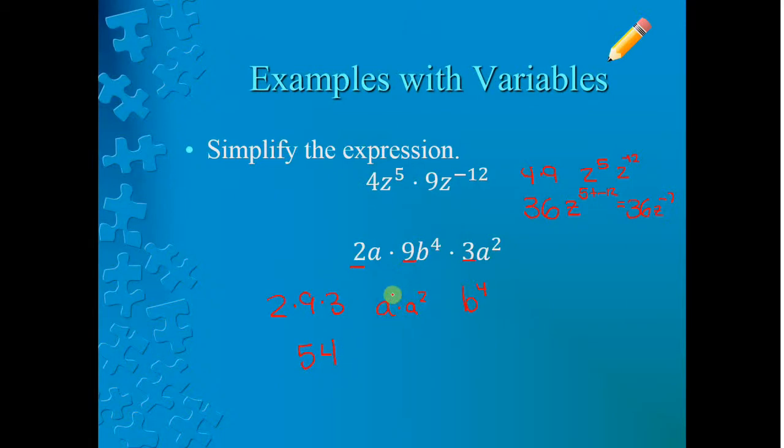This is technically a 1 right here, a to the 1st. Just didn't have it there. So I have a to the 1 plus 2. b to the 4th, he doesn't have anybody to be with. 54. 1 plus 2, well, that's just 3. So 54 a to the 3rd, b to the 4th.